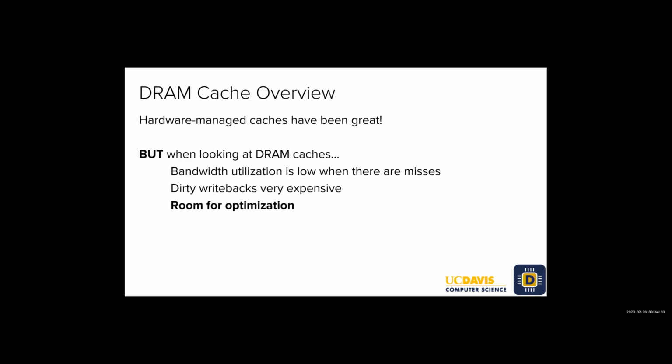If you have 100% hits, it works great. But when you start having misses, the performance is absolutely abysmal. One of the key reasons for this is if you have dirty data in the cache, this is when you have to be doing all these extra metadata updates and all these extra reads and writes in order to deal with things. And so there's a lot of room for optimization.